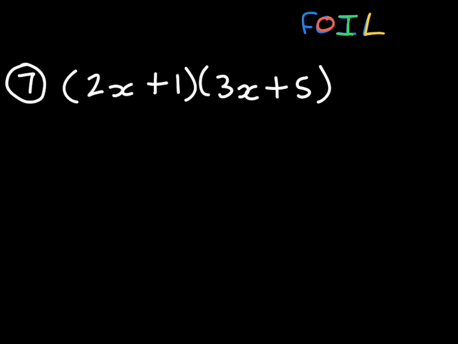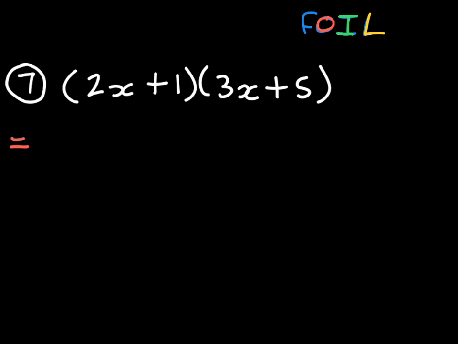For question number 7, we are once again multiplying binomials. So we start off by saying 2x times 3x, because remember, we are using FOIL, and the first letter is F for first, so we're multiplying the first two terms.